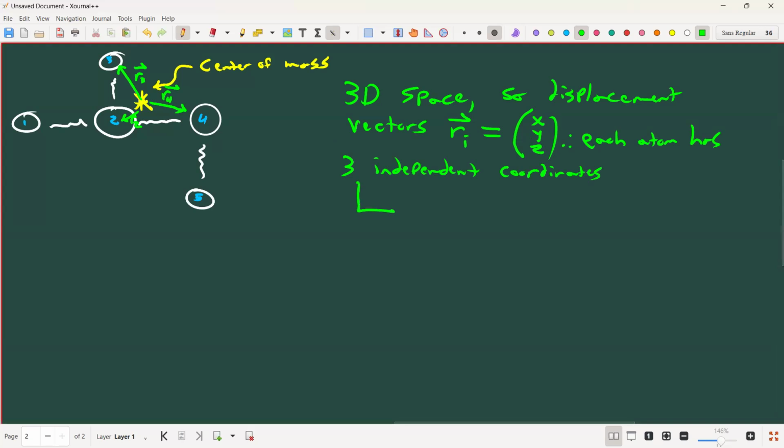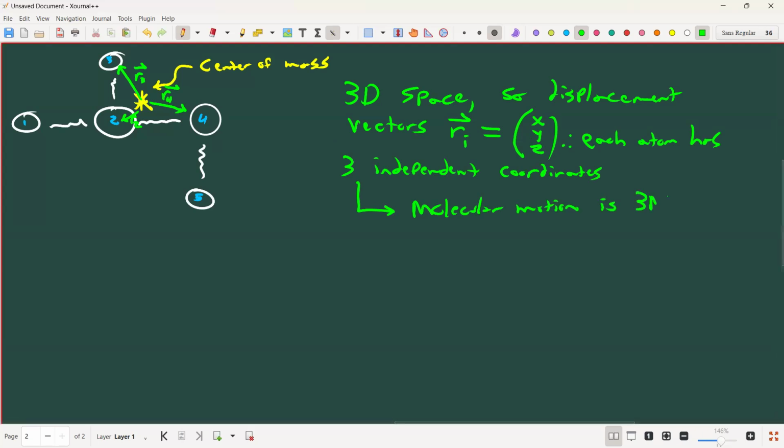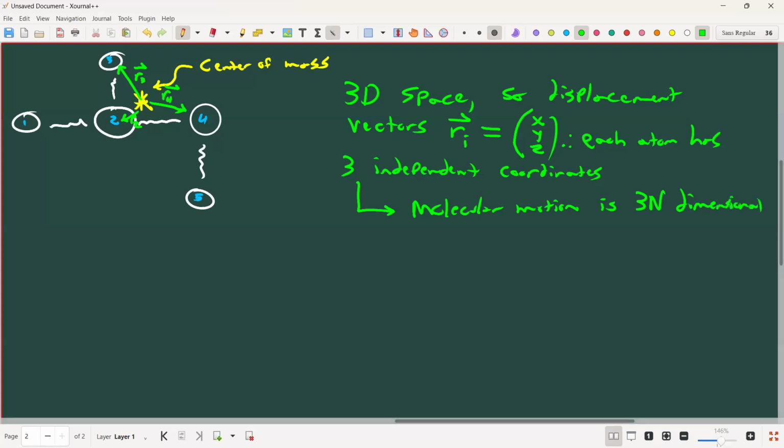So the whole problem, the molecular motion, if you will, is 3n dimensional. If we have 5 atoms, there are 15 different variables to move all the atoms.